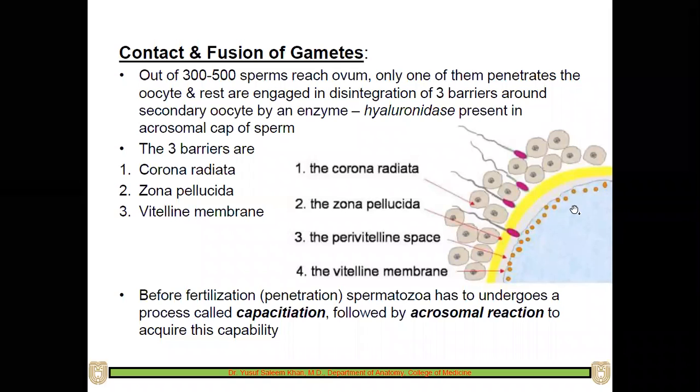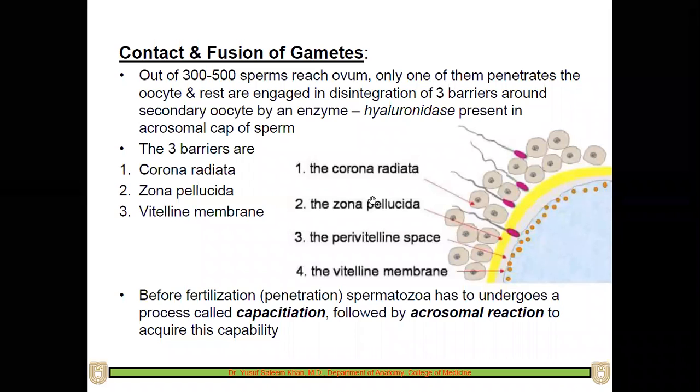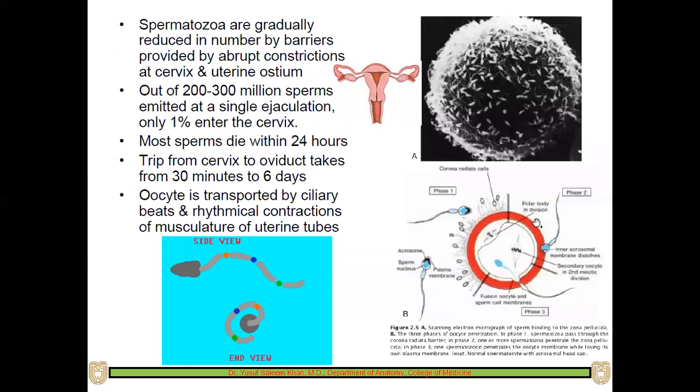Then the second structure, inside this, is this yellowish structure called the zona pellucida. And deep inside we can see the third membrane called the vitelline membrane. These are the three within the wall of this oocyte.